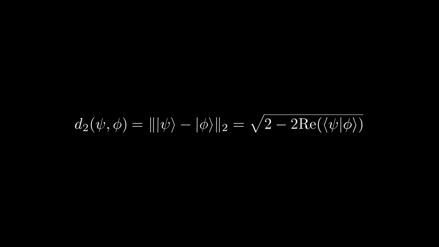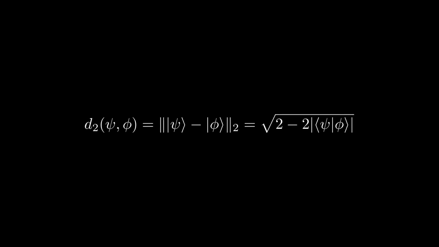For any two pure states in the n-qubit Hilbert space, we can see how close they are via the following norm expression, which we can actually write as the following expression on the right. Furthermore, if we choose global phases for each state such that the overlap is real, then this expression simplifies to the following. Hence, it's important to keep in mind that the choice of phase convention can change the value of this distance.